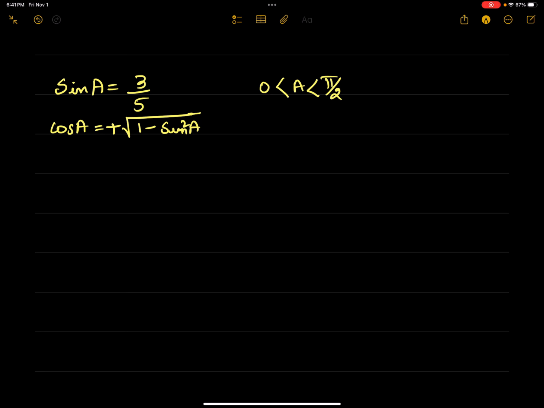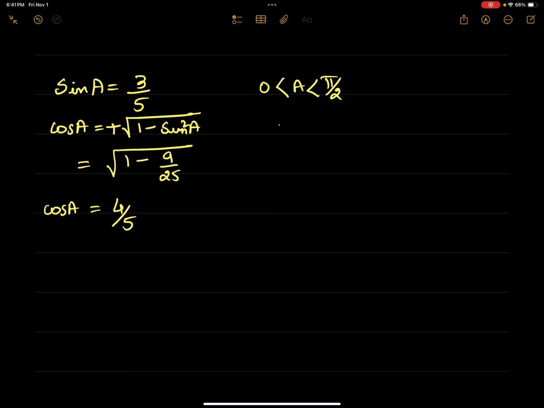That means it is the first quadrant. So let us apply this. This will be the square root of 1 minus 9 by 25. So cos A would be equal to 4 by 5.